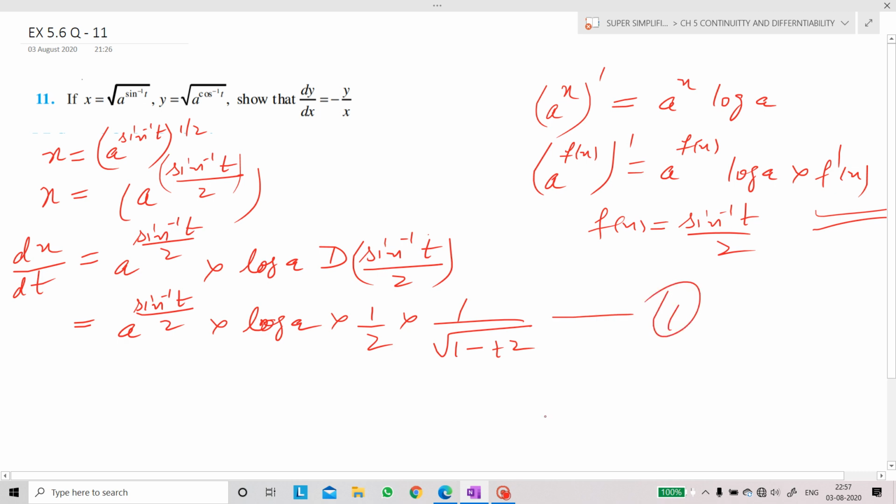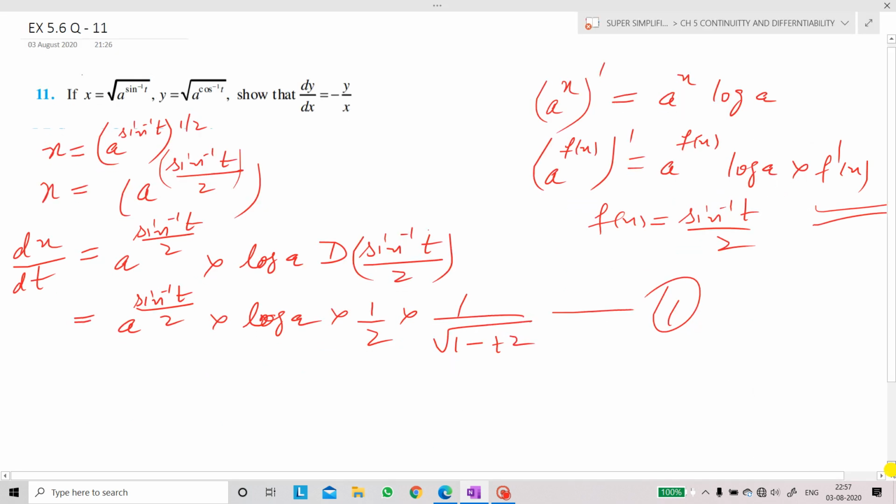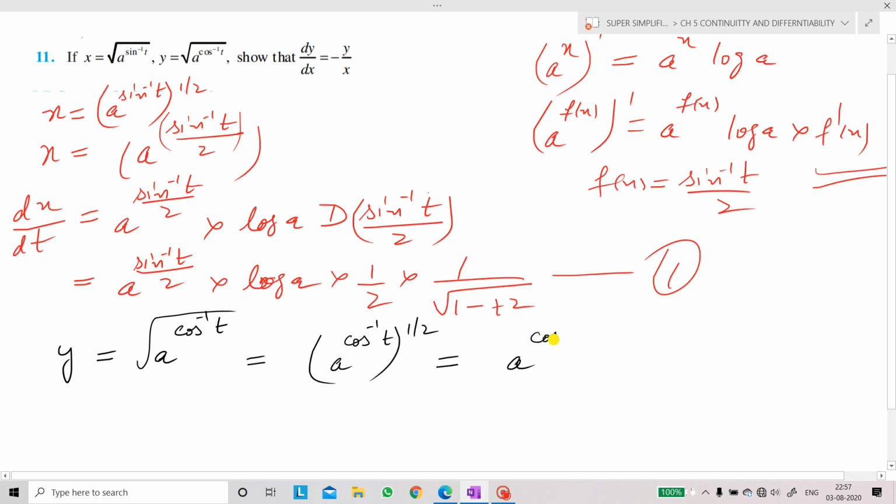Now we move to the expression for y. The expression for y is a raised to the power cos inverse t and whole square root, which can be written as a raised to the power cos inverse t raised to the power 1 by 2, which can be written as a raised to the power cos inverse t upon 2.